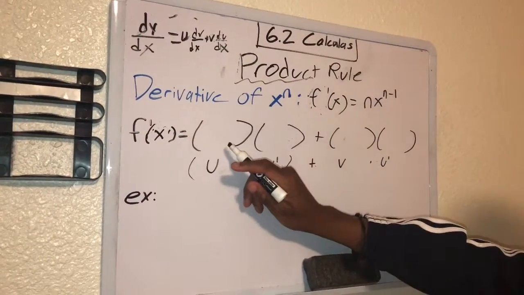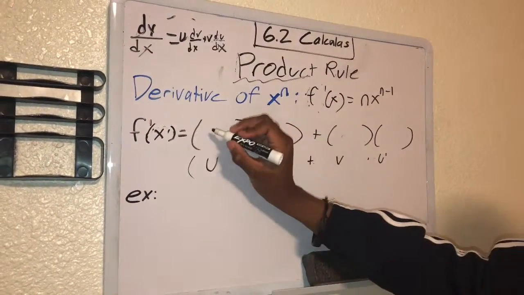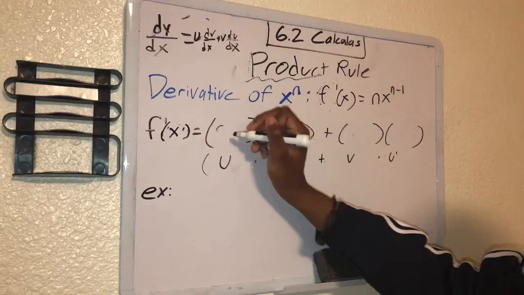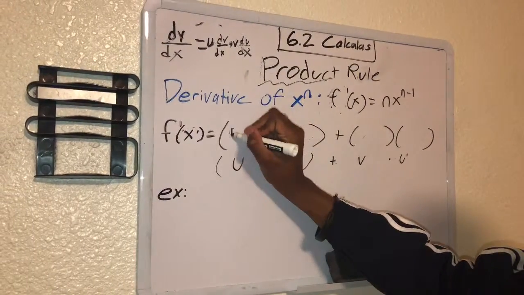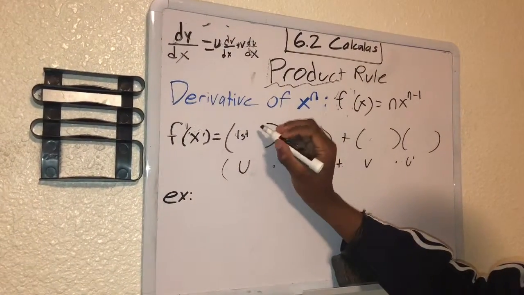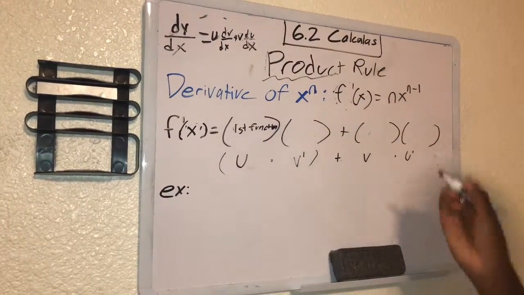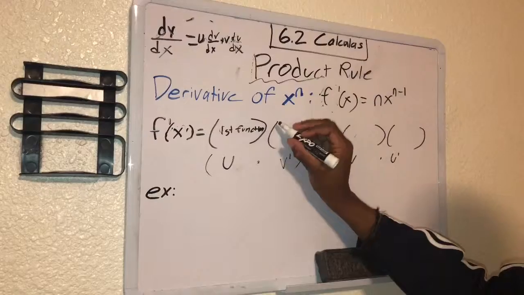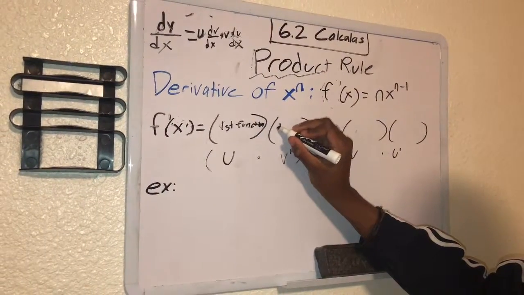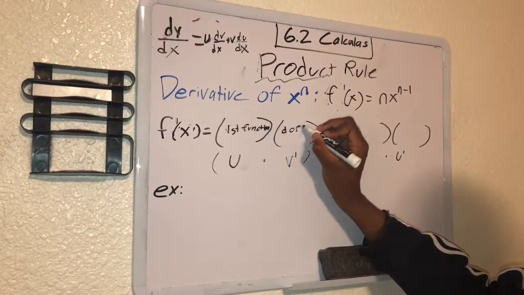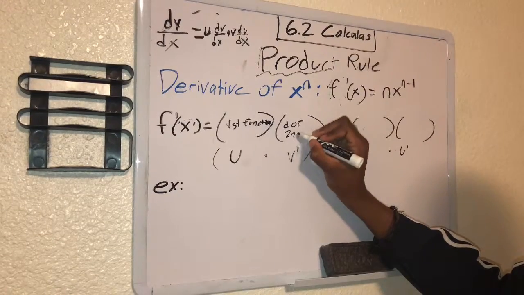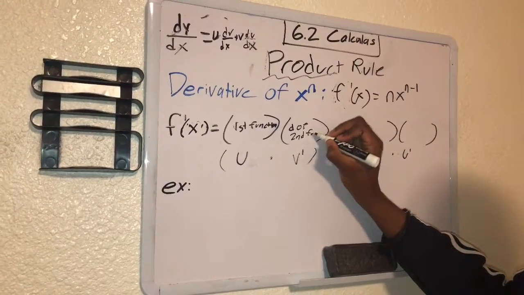Now in letters, this would be the first function. So you would have, let me write it, first function. And then you have, I'm going to write d for derivative, d of the second function.